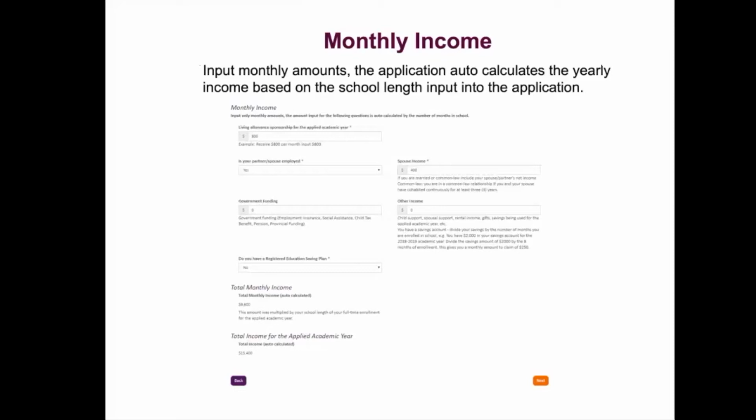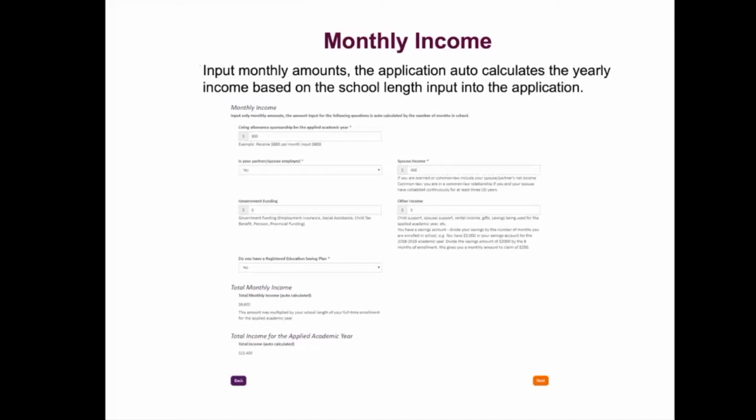And then the next section is your partner / spouse employed. You can input their amount. And then the next section is government funding. So with this part, it says employment, EI, social assistance, child tax benefit, pension, provincial funding.